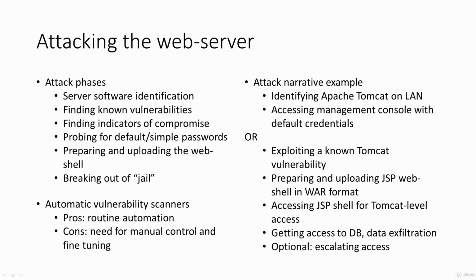So you compromise it in some way or another, and then you have the ability to upload applications in the so-called WAR format. You just make that WAR file out of MSFVenom, for example. You create a Meterpreter for Linux in the JSP bytecode format, and you just upload it there.